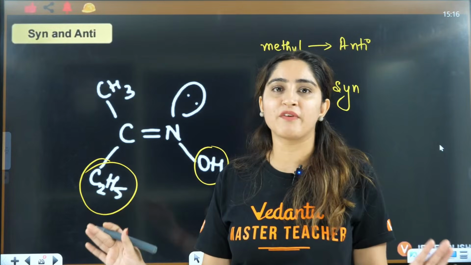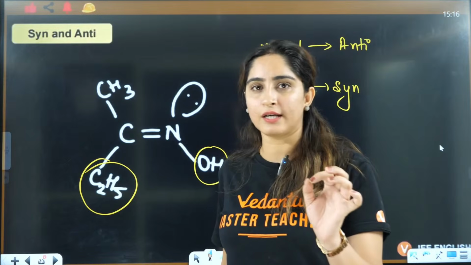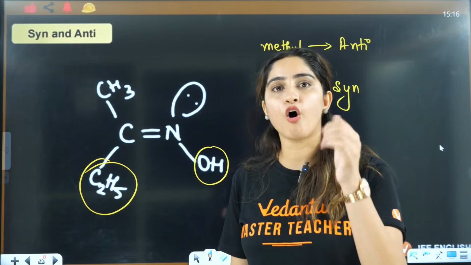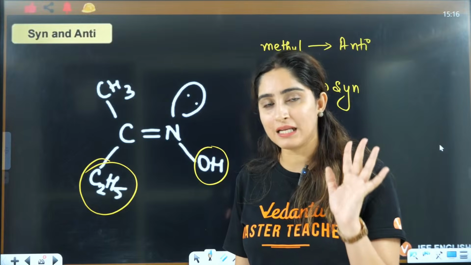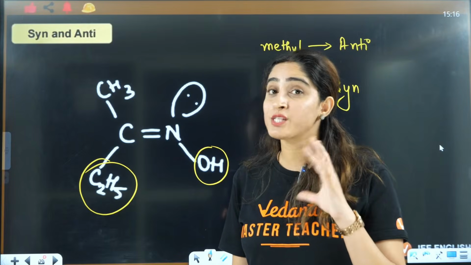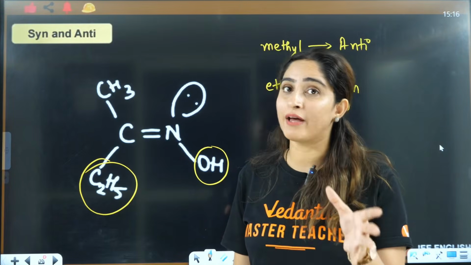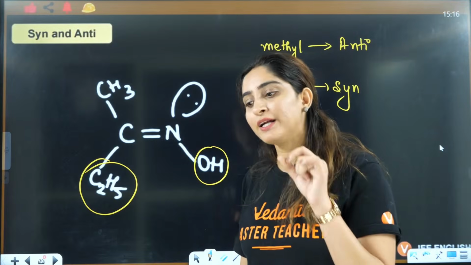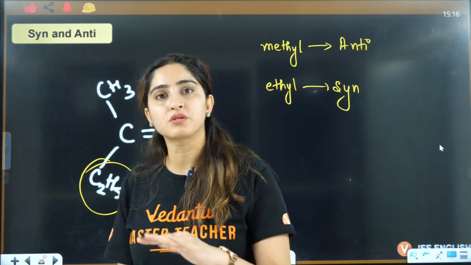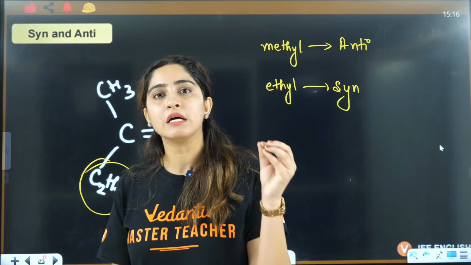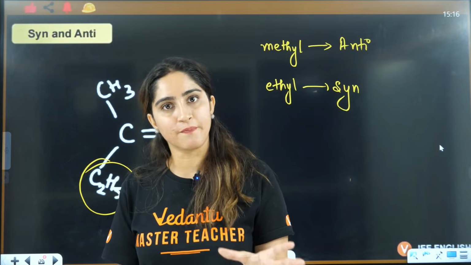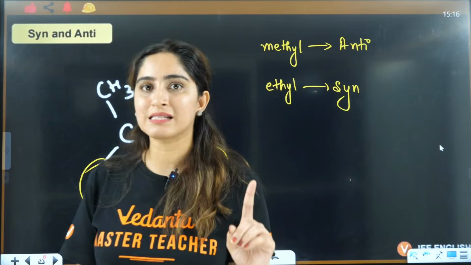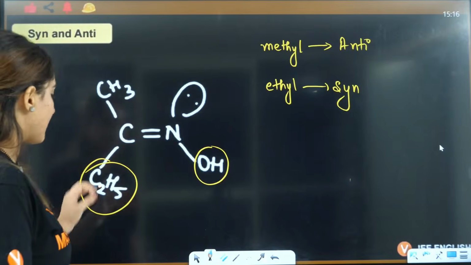Your part is a little tough because the formulas of geometrical, optical and stereoisomers are quite similar, so they can get very confusing. That's why in today's class I am going to discuss all the formulas. First I'll discuss geometrical isomers.